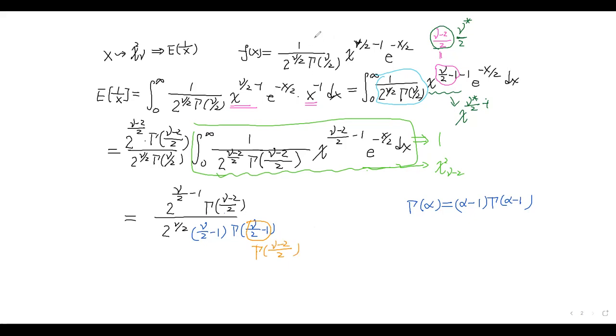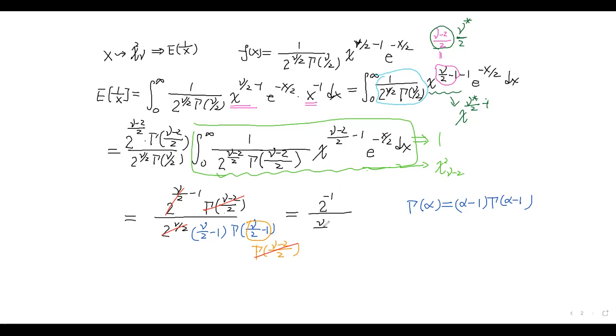Good, so we have a lot of things we can cancel. This one cancels, this one cancels, then the V over 2 cancels. Now what is left on the top is 2 to the negative 1 power, and what is left on the bottom is V over 2 minus 1.